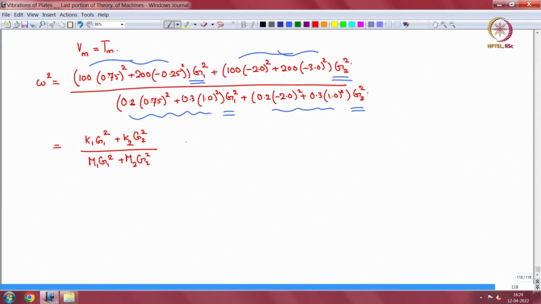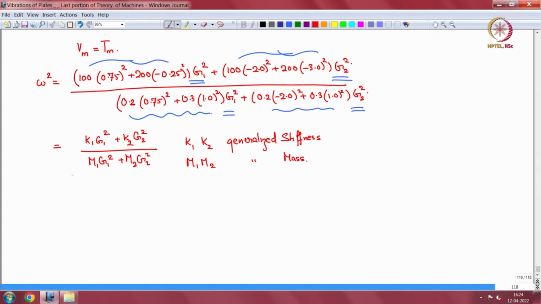And we will call k1 and k2 as generalized stiffness, and m1 and m2 as generalized mass terms, related to the first mode and second mode.